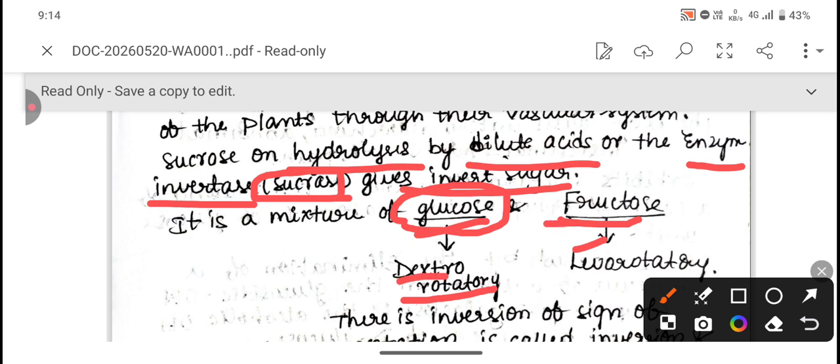And fructose is levorotatory, which means it rotates plane polarized light towards the left. As these are two different sugars which rotate plane polarized light in two different directions, sucrose gives invert sugar upon hydrolysis.